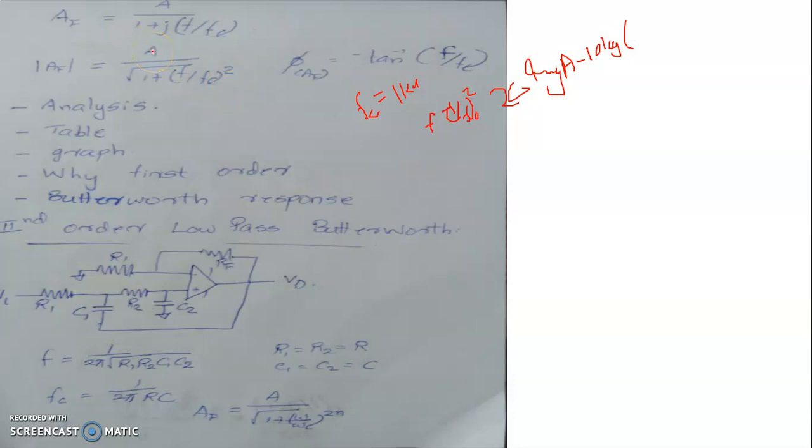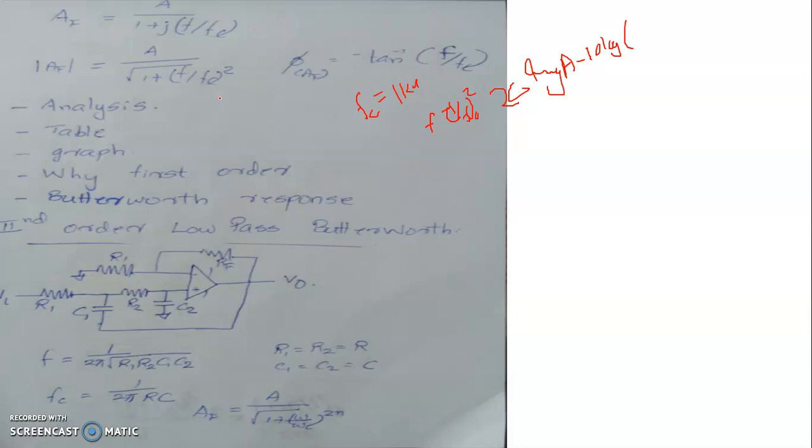So this can be taken as the passband extreme point. If the frequency increases beyond this corner frequency Fc or Fh, the gain is found to be falling at a roll-off of 20 dB per decade. This roll-off of 20 dB per decade is identical with a roll-off of 6 dB per octave. That also you can prove from the tabular column.